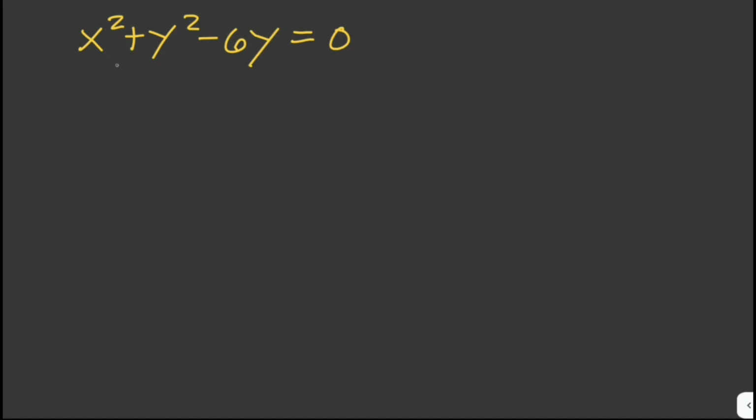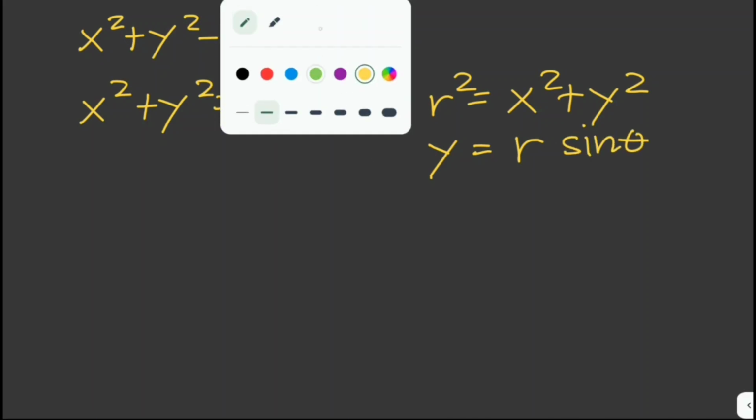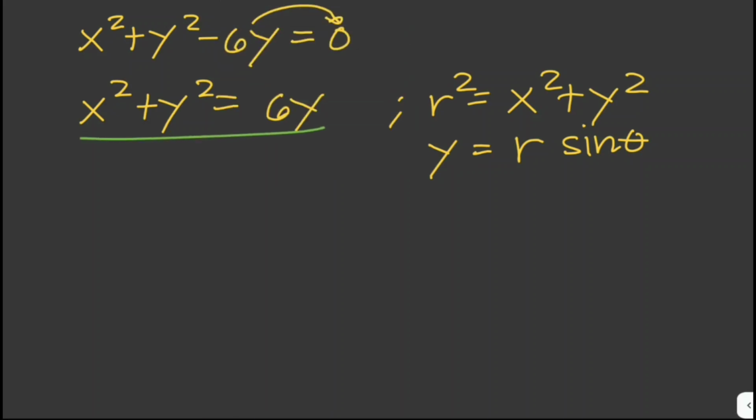We can rewrite this equation as x squared plus y squared equals 6y. We just transpose negative 6y to the right and it becomes positive. We know that r squared is equal to x squared plus y squared, and y is equal to r sine theta. Then we can just plug in all of these values in this equation.